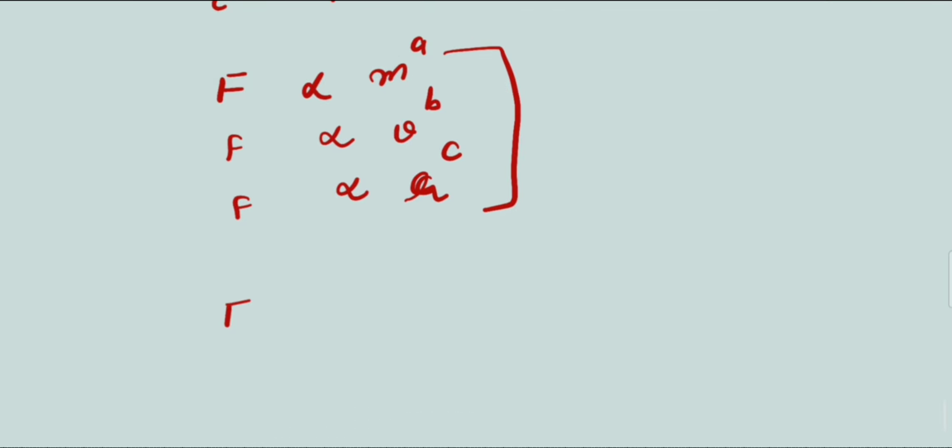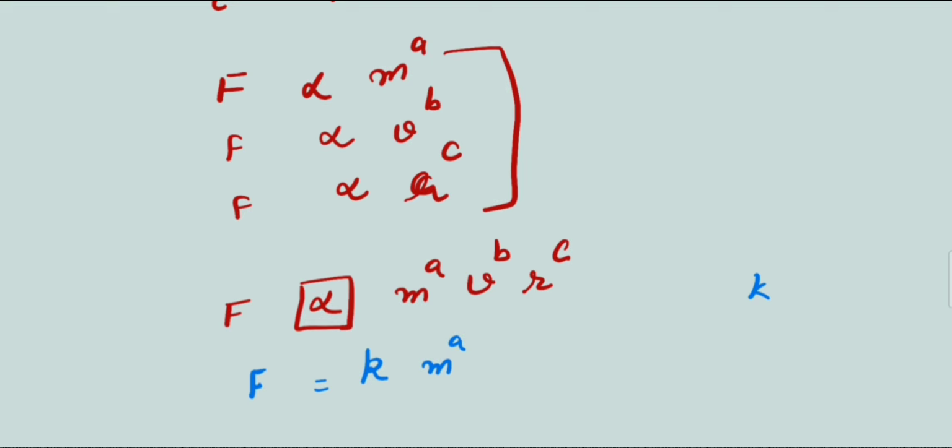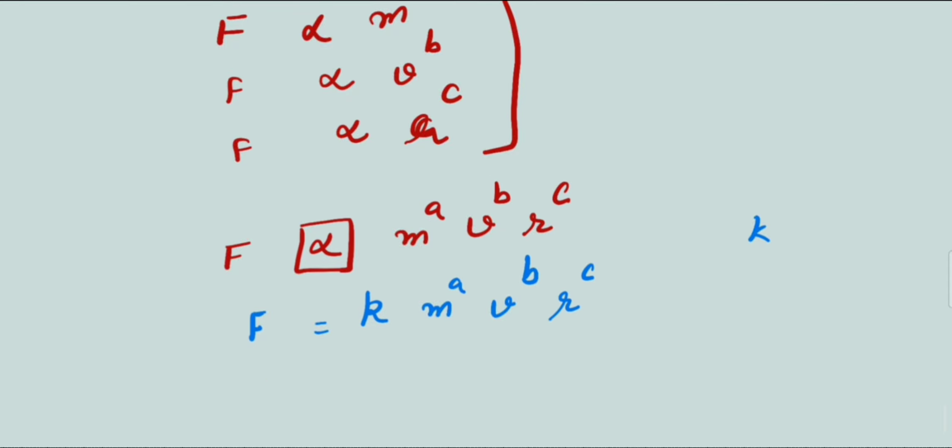So we'll get force is directly proportional to m raised to power a, v raised to power b, and r raised to power c. So we can remove this proportionality with equality by placing one constant k. So we'll write this equation as F is equal to k, m raised to power a, v raised to power b, and r raised to power c.